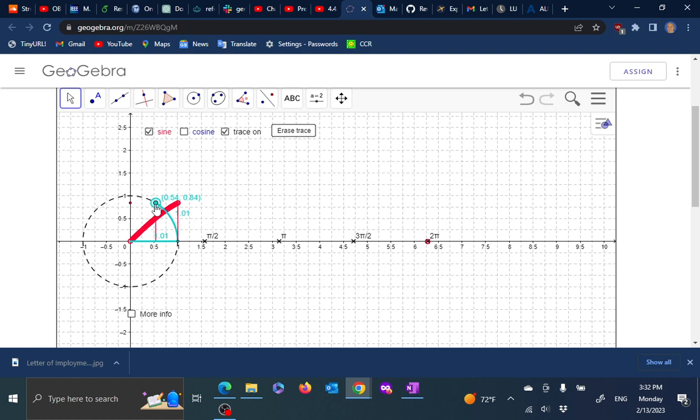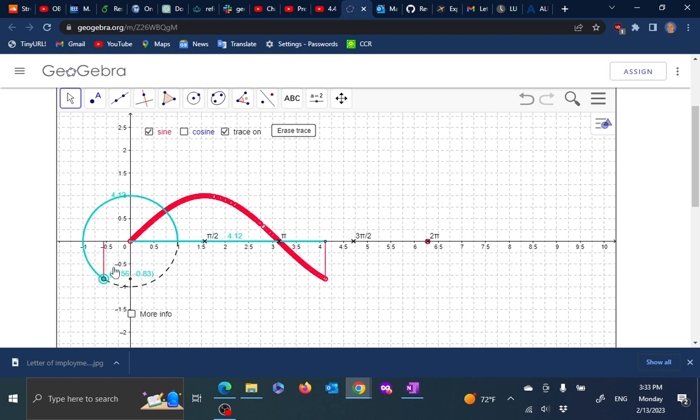As I move around, by the time I come to pi over 2, I reach my highest point. Then I start coming down from that mountain. The red color is shrinking. By the time I hit pi, I have come all the way back to the x-axis. Now the red color becomes negative because I'm now below the x-axis.